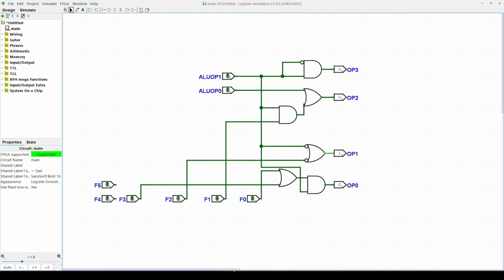So if we remember from our table, let's see, where's that table at? We have that for 0, 0, we have 0010, and that's an add.